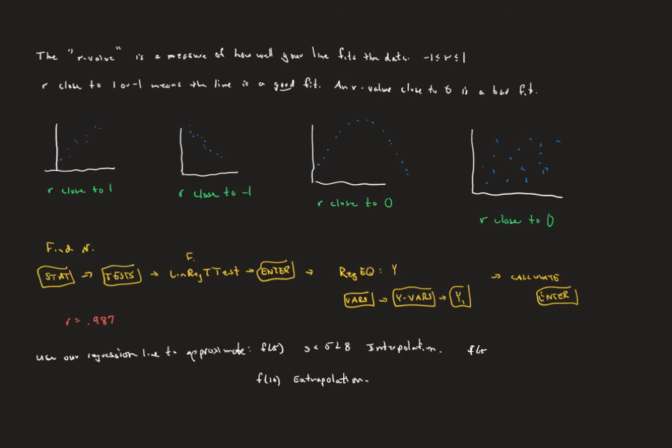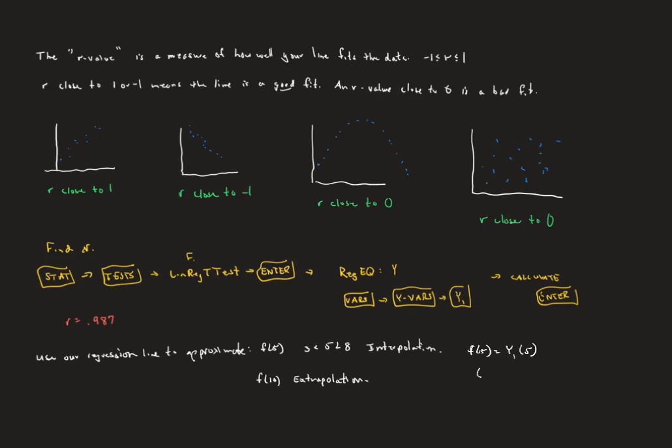So anyway, to approximate f of 5, we're going to again use our calculator. So we're going to go back to that Y1 and plug in 5. So remember, you're going to hit the variables button, right arrow, enter, enter again, and Y1 will show up on the screen.